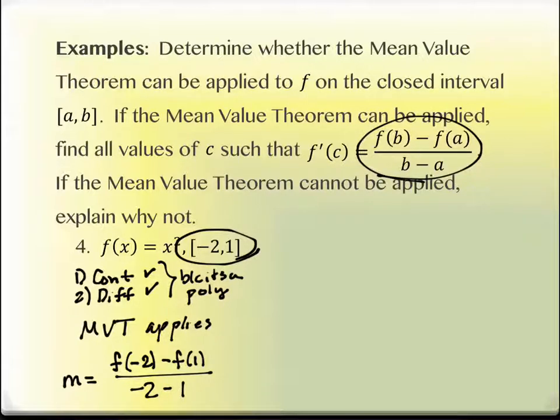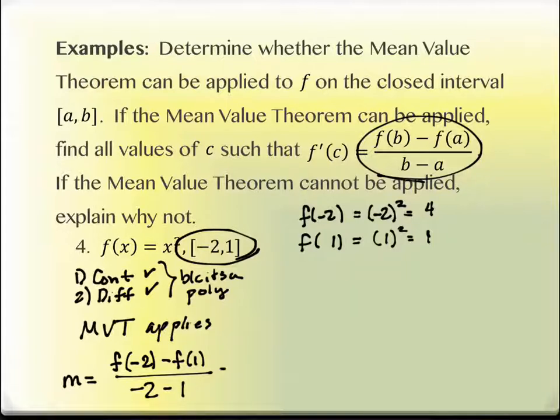So I do have to calculate them, so let's actually do that up here. F of -2 and f of 1. Well, it's a very simple function, right? A clean one for sure. f of 1 is just 1. Okay, so what's -2 squared? 4. And what is 1 squared? 1.